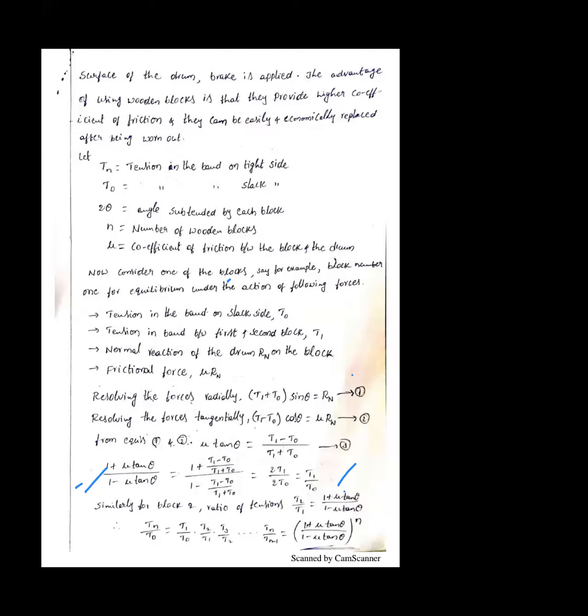Here, the number of blocks is n. So Tn by T naught equals T1 by T naught into T2 by T1 into T3 by T2, and so on up to Tn by Tn minus 1. That equals 1 plus mu tan theta by 1 minus mu tan theta to the power n. That is our ratio of the tensions.